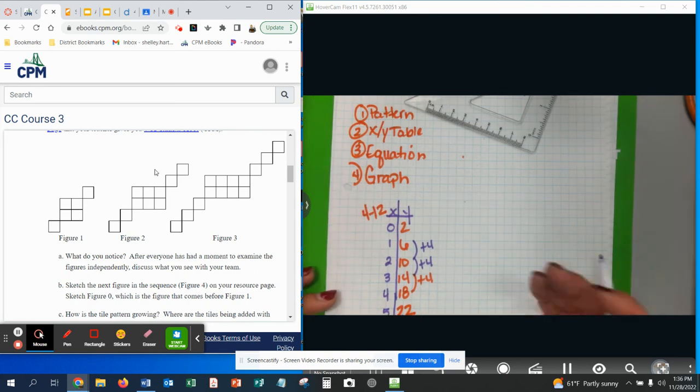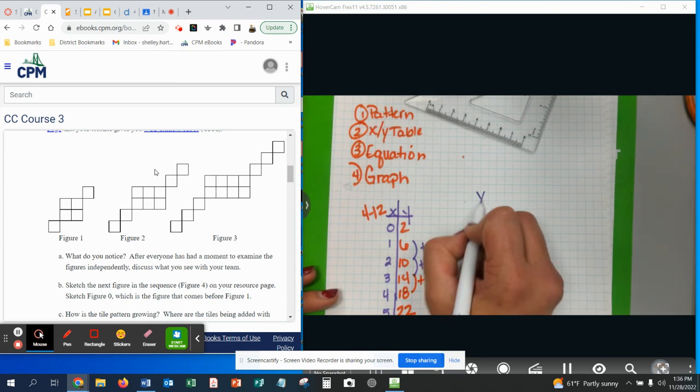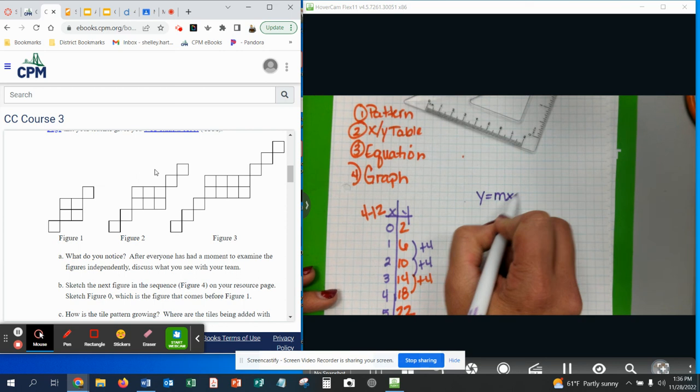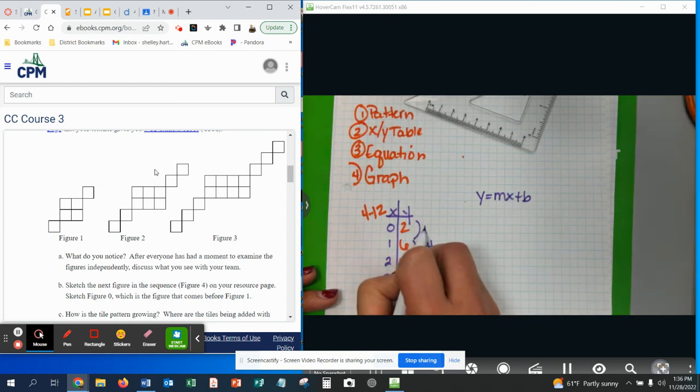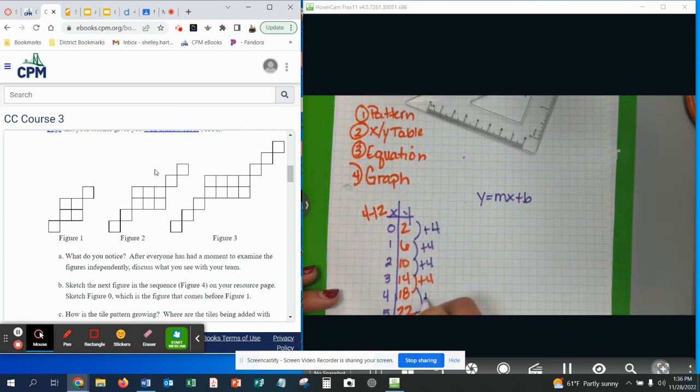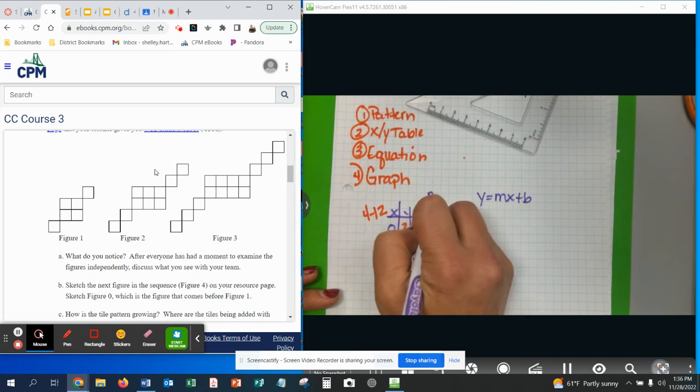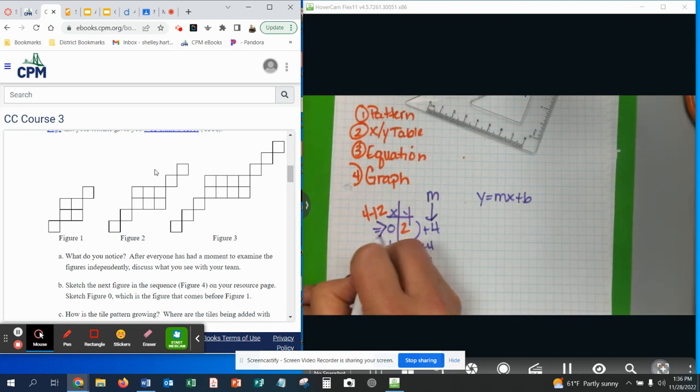Why don't we just start out with what's our slope-intercept form? It's y equals mx plus b, right? All right. So if we're looking at our growth, this is our m. And what is our b? It is this, the 0 and 2. This shows where it lies at 0 and 2.